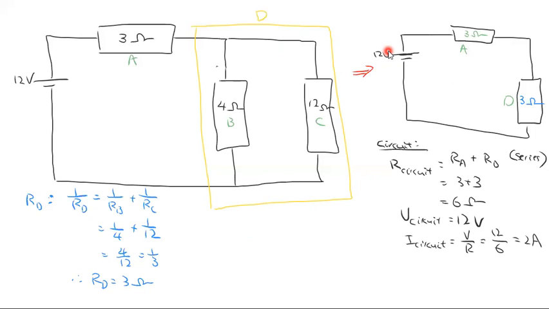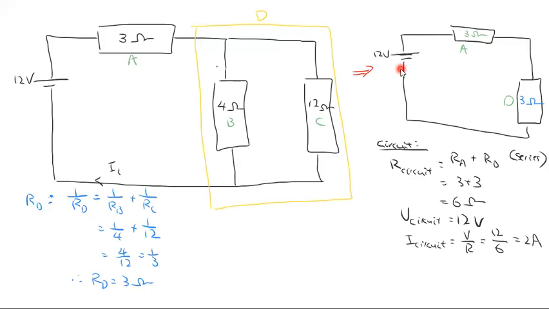So now we've worked out the voltage, the current, and the resistance of the circuit. As far as this question is concerned, we've essentially already worked out the I1, because this question has an I1 here.